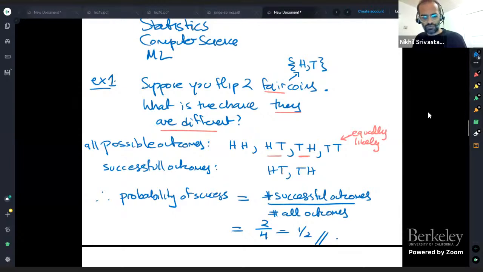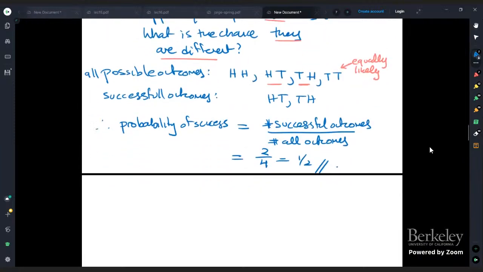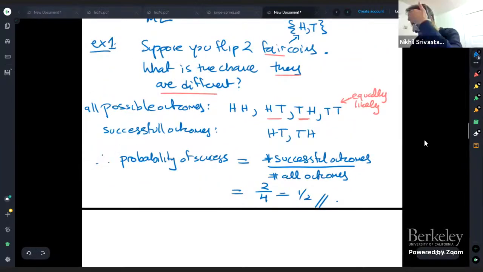Okay, so I see, this is different from the basic counting in that... yeah, you're asking a really good question, and I'll just formalize it actually. That's the next thing I'm about to do. Okay, thanks. Any other comments before I get to some definitions?